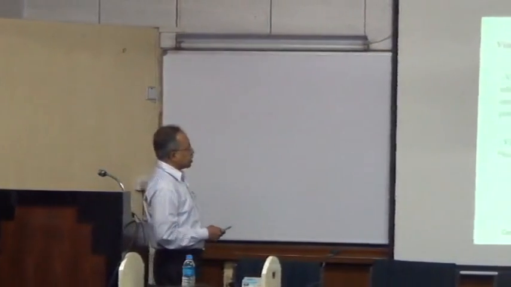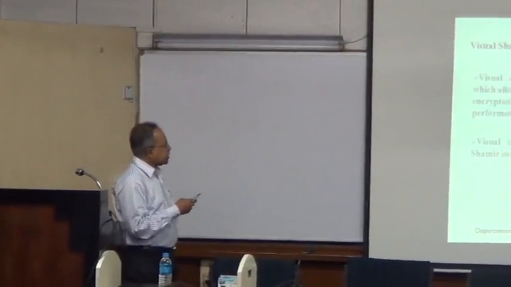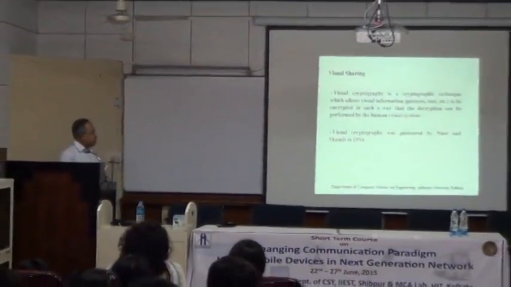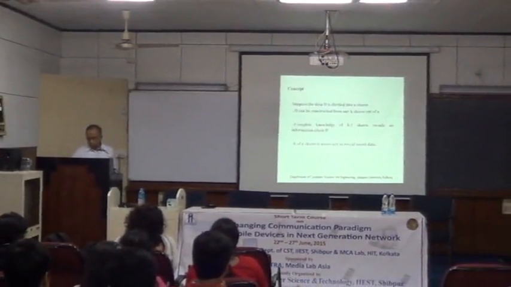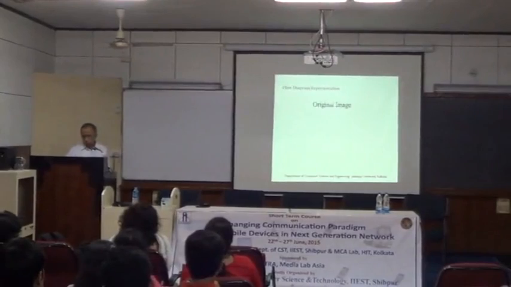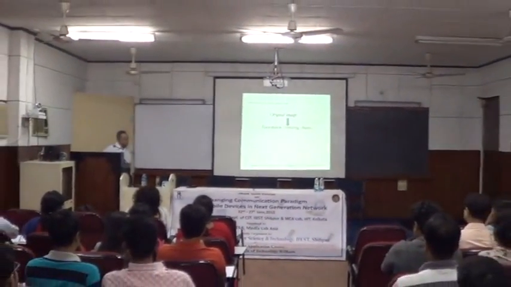Visual cryptography is a cryptographic technique which allows visual information, such as pictures and text, to be encrypted in such a way that decryption can be performed by the human visual system. Visual cryptography was first pioneered by Naor and Shamir in 1994. The photograph, the original image, gives shares.